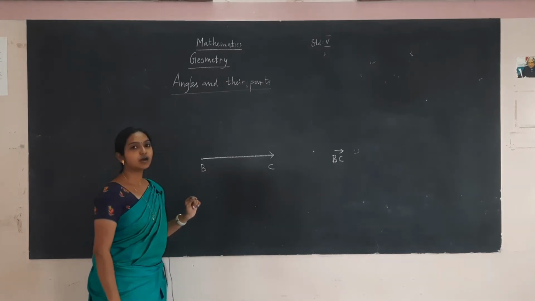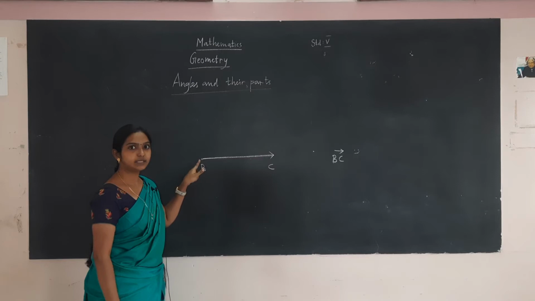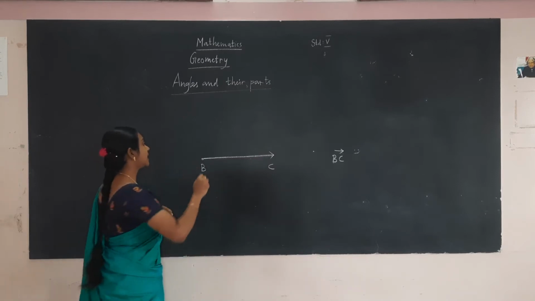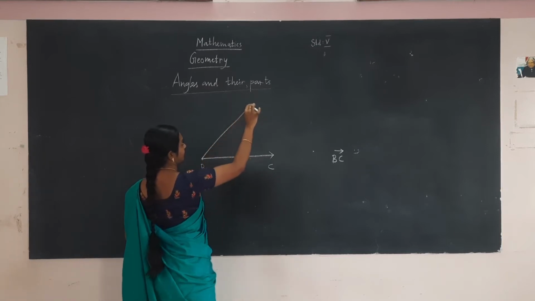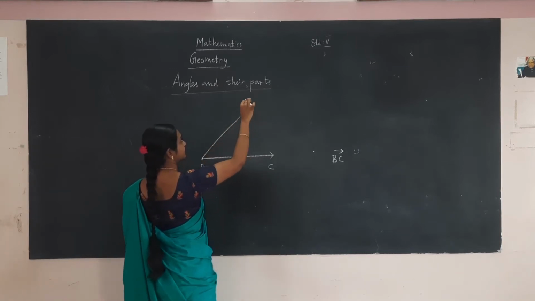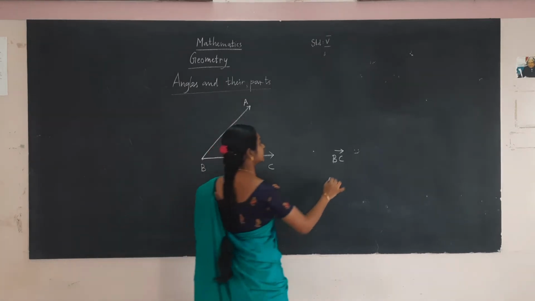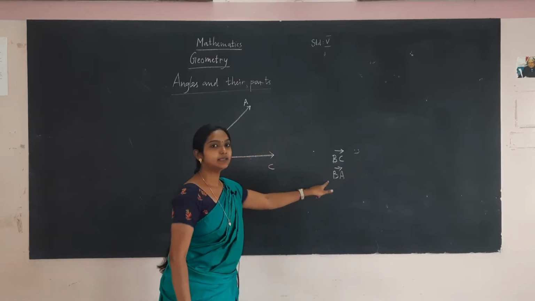Now draw another ray BA. Here I have B. I should keep this as the starting point and draw a ray. This is ray BA. We should read it as ray BA.